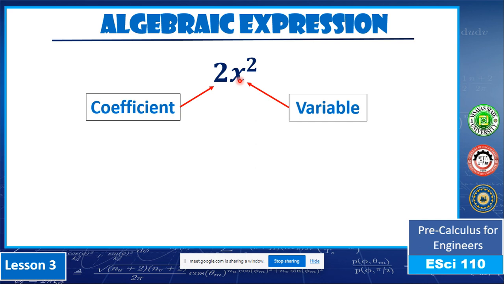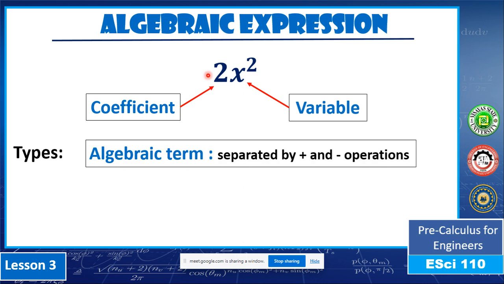Pwede ito maging x squared, square root of x, log of x, in any other form. As long as it contains an arbitrary letter or an arbitrary number, hindi natin alam kung ano ba talagang value niya. That's why we represent this as a letter, kasi nagva-vary ito depende upon the condition. So these are the basic parts of an algebraic expression.